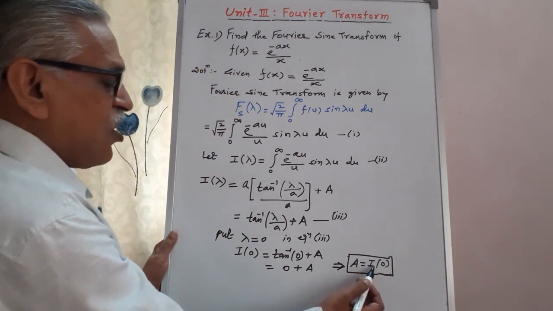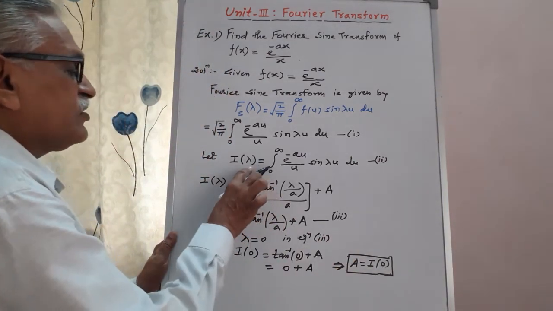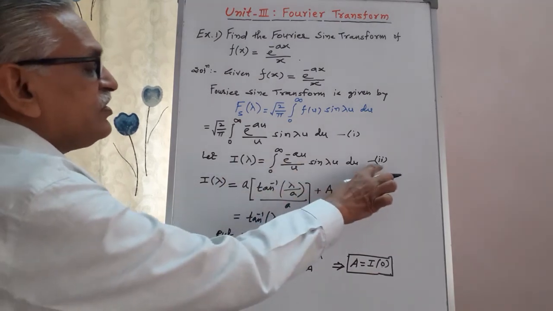Okay, and therefore to obtain the value of I of 0, we put lambda equals to 0 in equation 2.